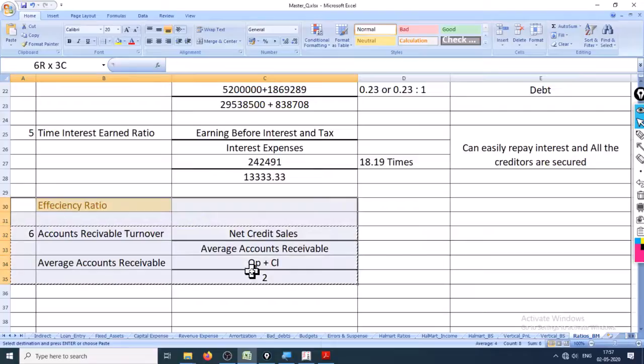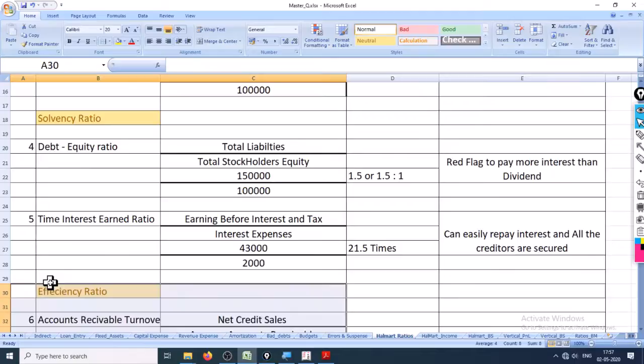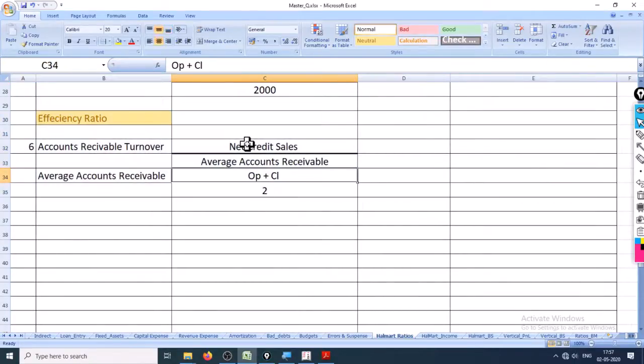So net credit sales of Walmart is 1 lakh. We have assumed it. You can assume your own figure if you want, because we are only assuming.